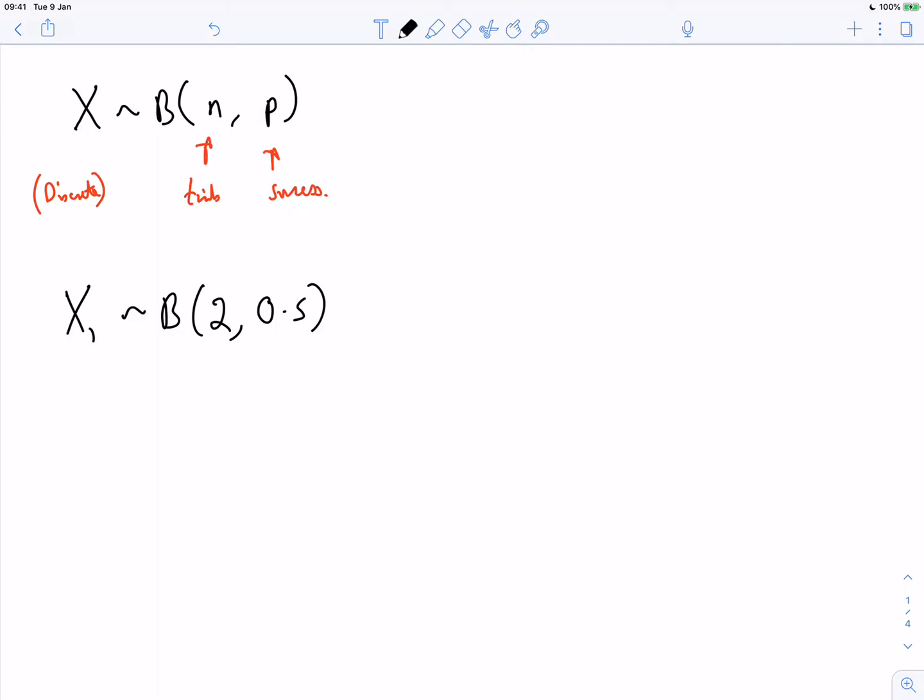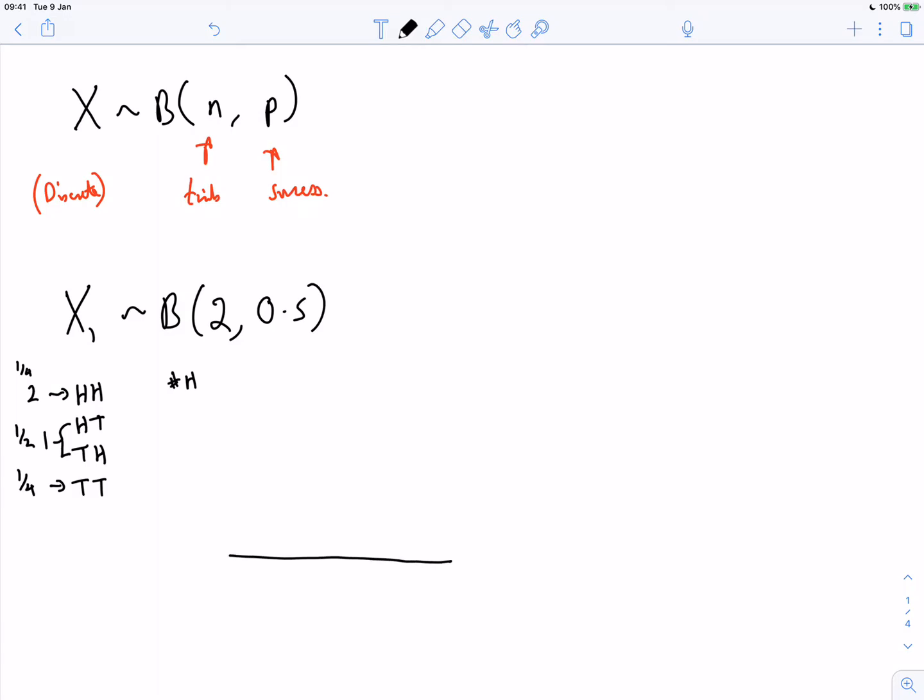Well, we're either going to get heads and heads, or heads and tails, or tails and heads, or tails and tails. So let x be the number of heads we get, then either we're going to get 2 heads 1/4 of the time, or 1 head 1/2 of the time, or 0 heads, 2 tails, 1/4 of the time.